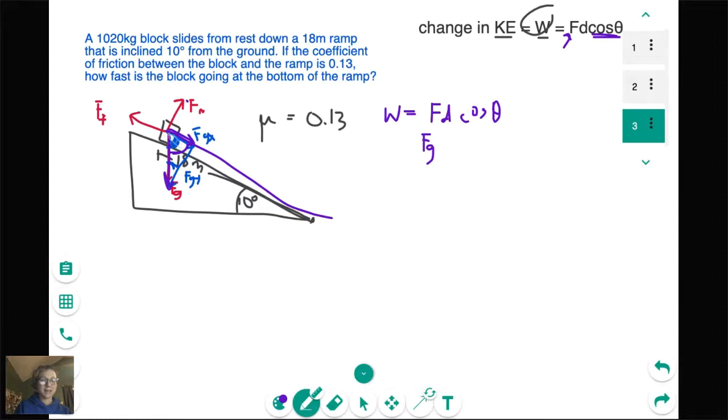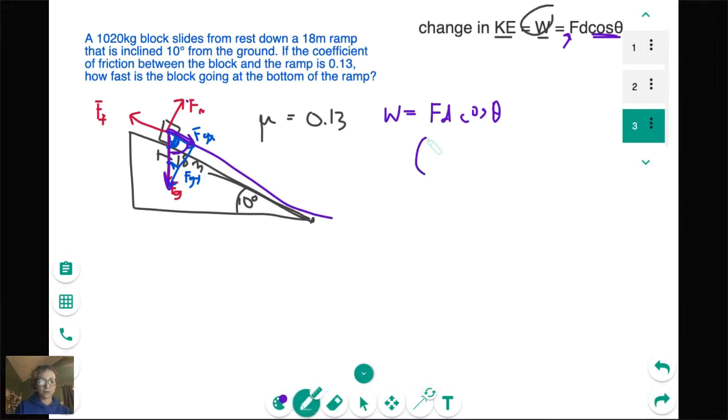And the angle between FGX and the displacement is 0. And so you'll still get the cosine 80. It'll still be the exact same thing mathematically, but you're just thinking about it a different way. Whatever way works best in your head, go for it. Either way, you'll plug in the same numbers.